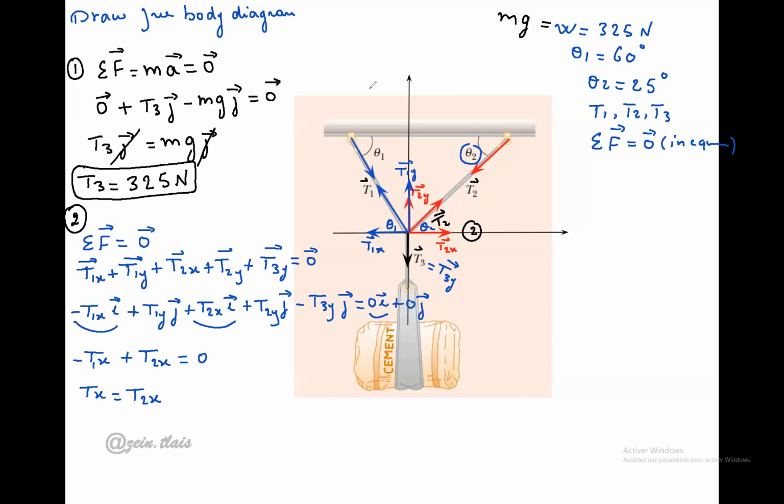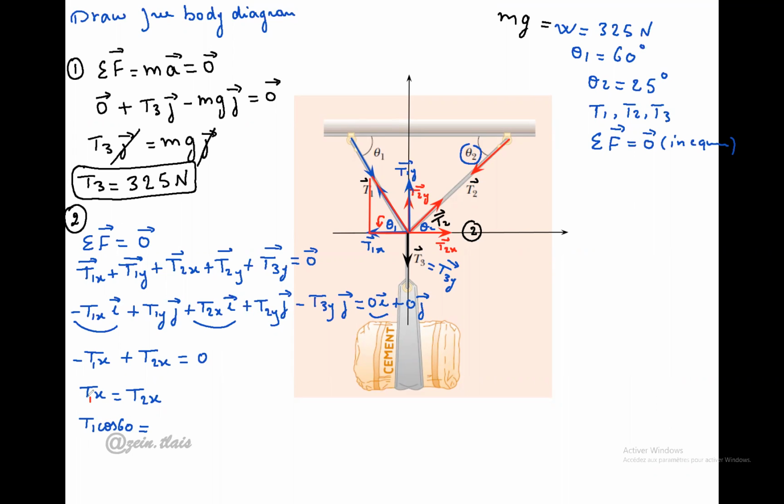We come here. To calculate T1x, we take this triangle. You see well that T1x is adjacent to theta 1, so by cosine we calculate T1x. So here we can write T1x equals T1 cosine of the angle theta 1, 60.